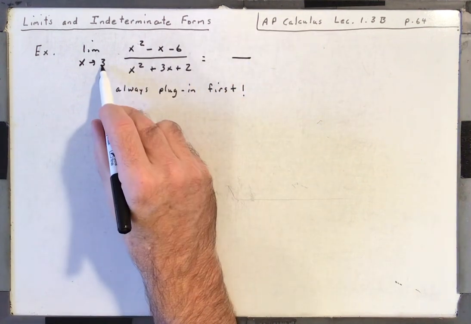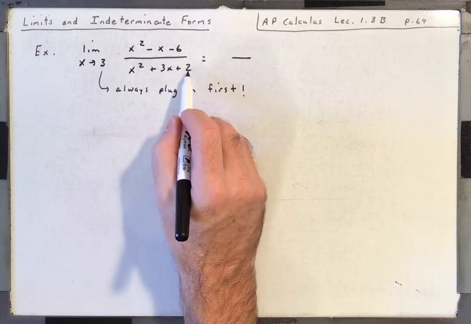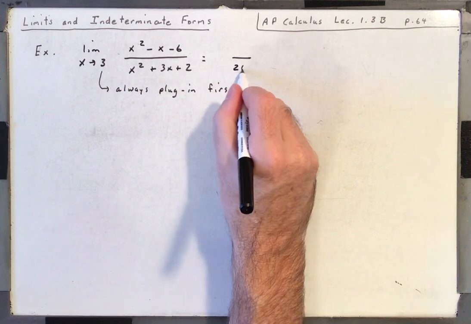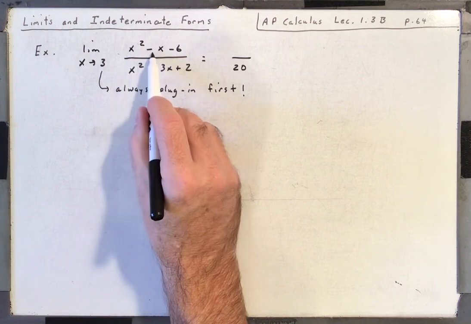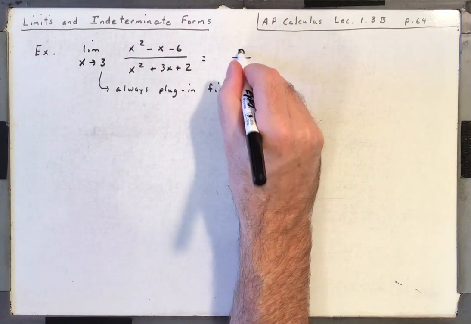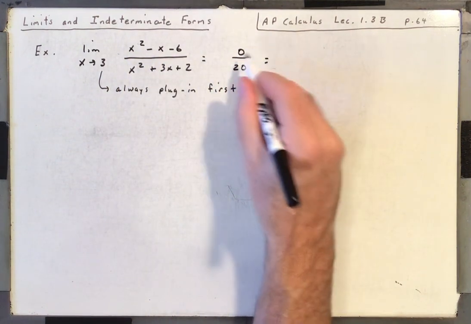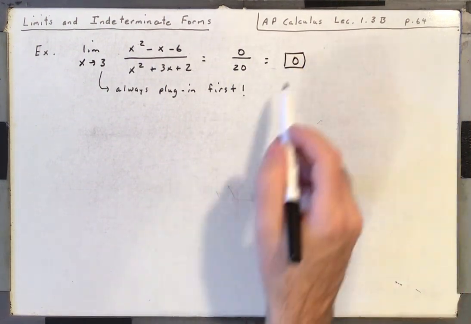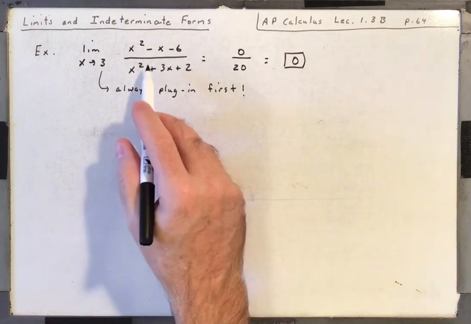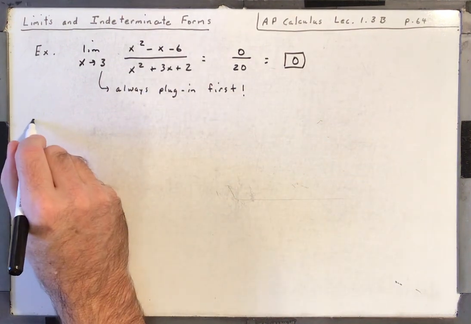So doing the bottom, that's going to be 3 squared is 9, plus 9, plus 2. That'll be 20. And then on the top, I've got 9 minus 3 minus 6. That's 0. That's not 0 over 0. 0 over 20 is 0. So we have an answer there. We don't have to do more work. We just have direct substitution.